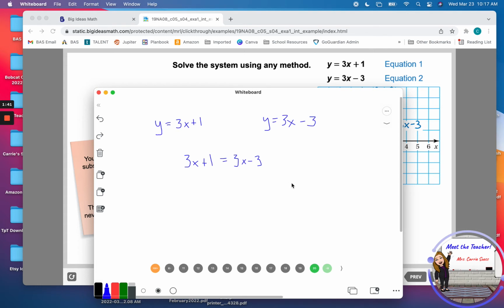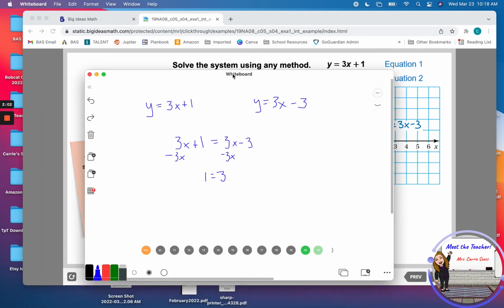All right. I'm going to subtract 3x from this side, and subtract 3x from this side. Interesting. If I do that, what do you get?